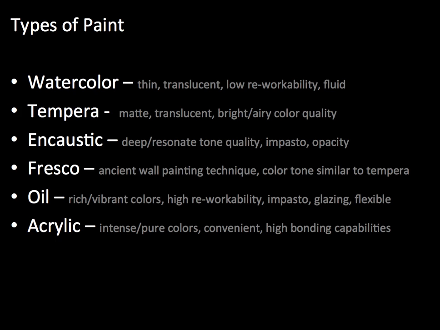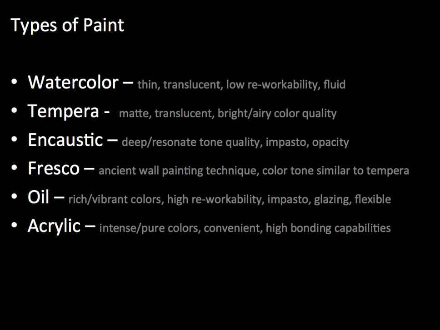Okay, the first one is watercolor, and it's a thin, translucent type of paint. It's very fluid. It's got kind of this low reworkability factor in there as well. The second one is tempera, where it's more on the matte side. It's translucent. It's bright and airy in its color quality. And the next one is encaustic. It's got this deep resonant tone.